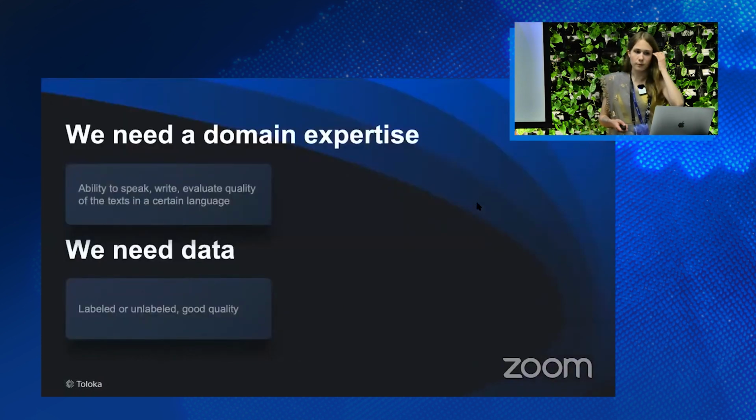So here we have 2 things that we lack. We need domain expertise, not always a specific doctor, engineer or university student, but at least a person who speaks and writes this low resource language, or at least speaks it. And we need data, and we need data in good quality.